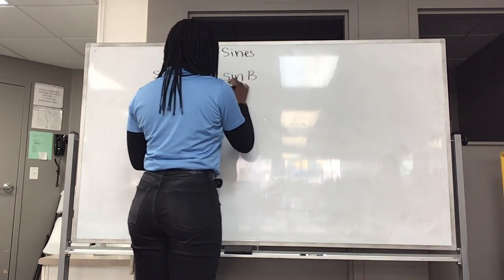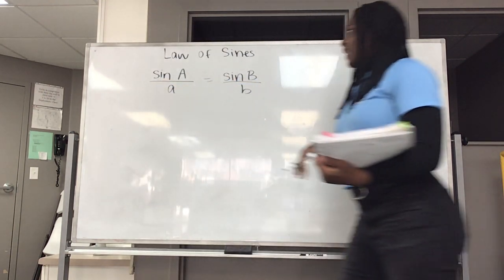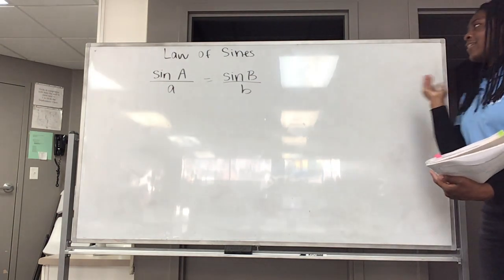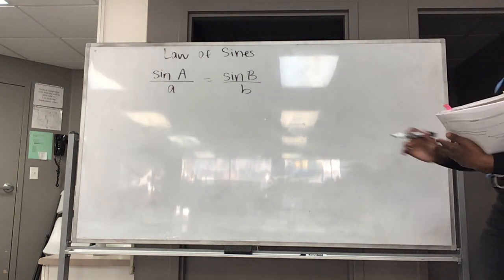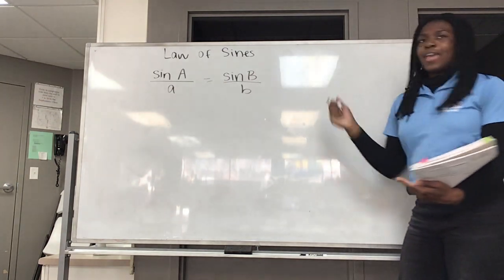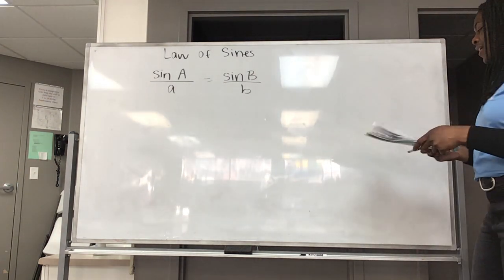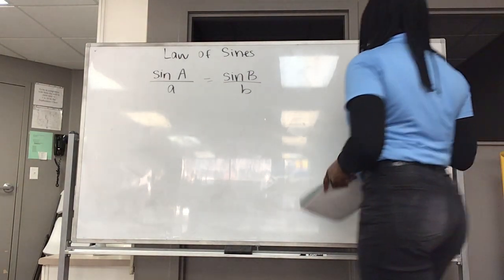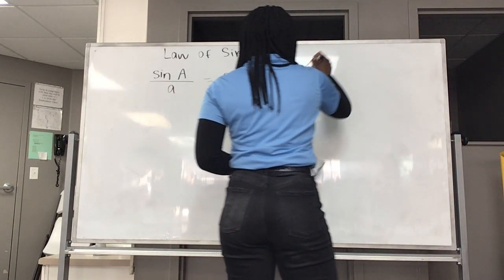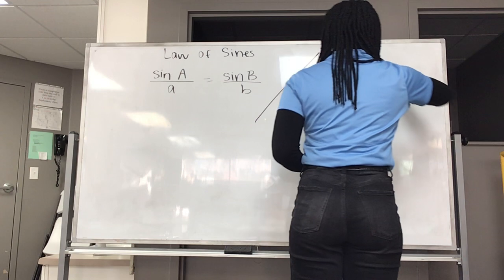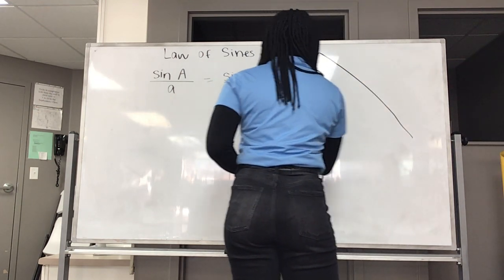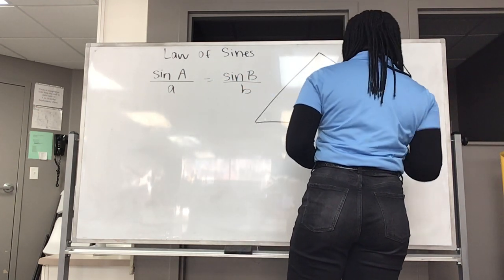Sine of capital A over A equals sine B over B. And so my capital letters represent angles and the lowercase letters represent side lengths. So I'm going to show you guys an example. Let's say I have a triangle here. And again, I said it doesn't need to be a right triangle.